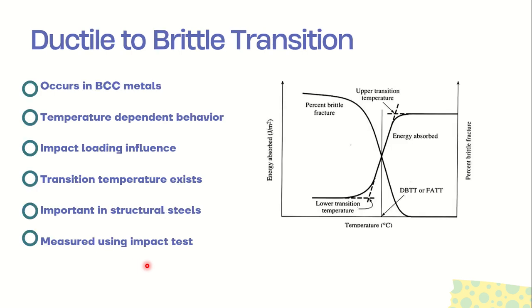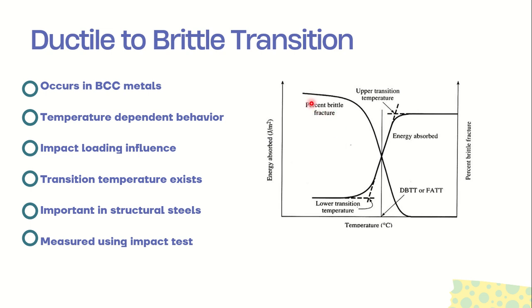Ductile to brittle transition occurs in BCC metals, with temperature dependent behavior and impact loading influence. The transition temperature exists and is important for structural steels, measured using the impact test. Then we will see the graph as well. Here the x-axis is temperature and the y-axis is energy absorbed.